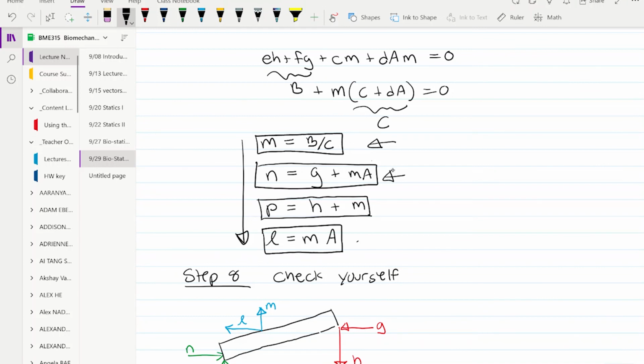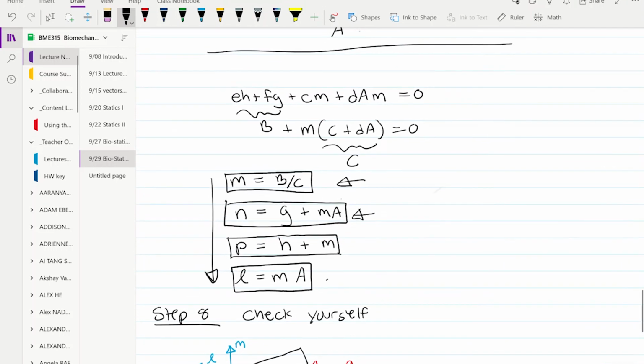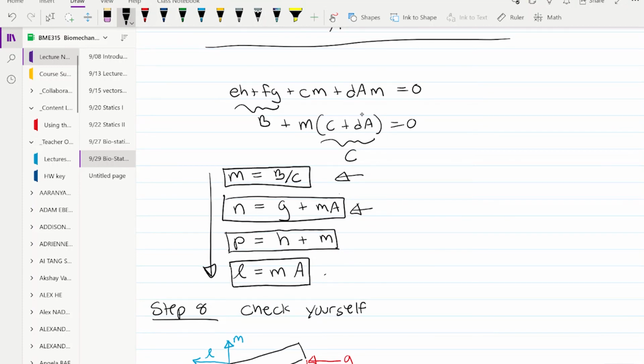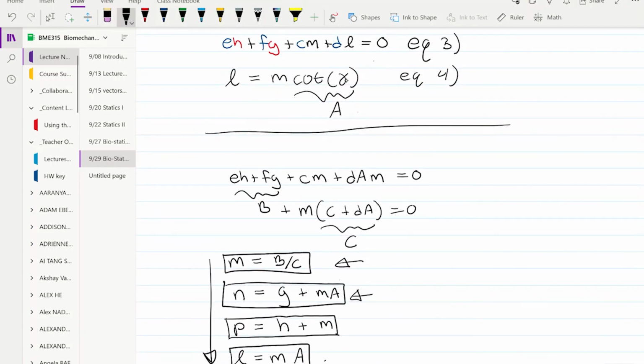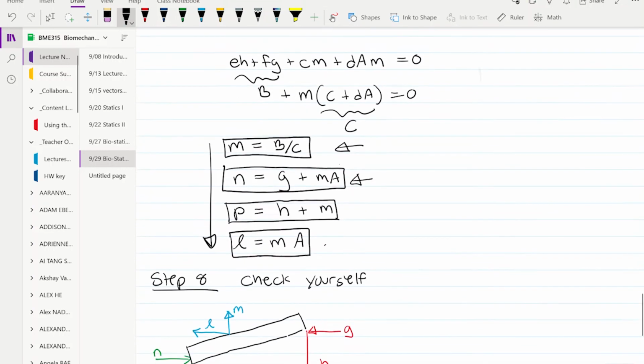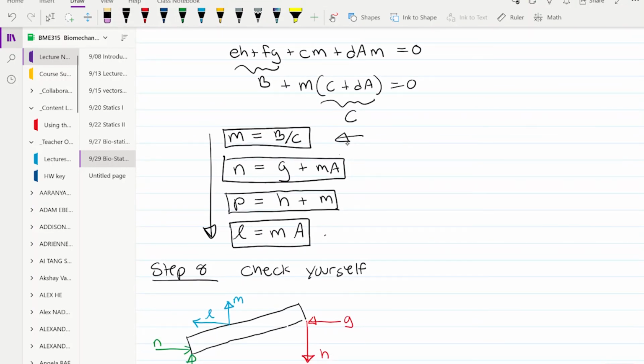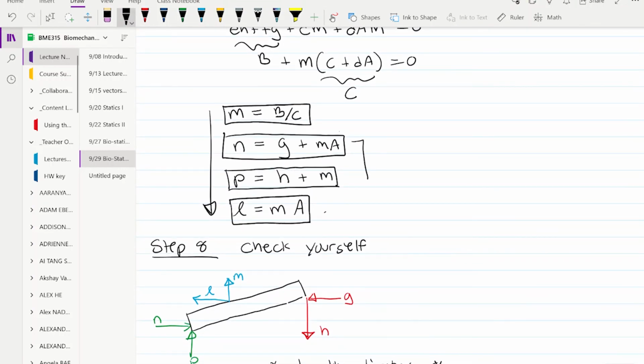My reaction force N has G and M times big A. Big A was cotan gamma. So if I wanted to do my uncertainty in the reaction forces N and P, I would take these equations and put them into my uncertainty equation.